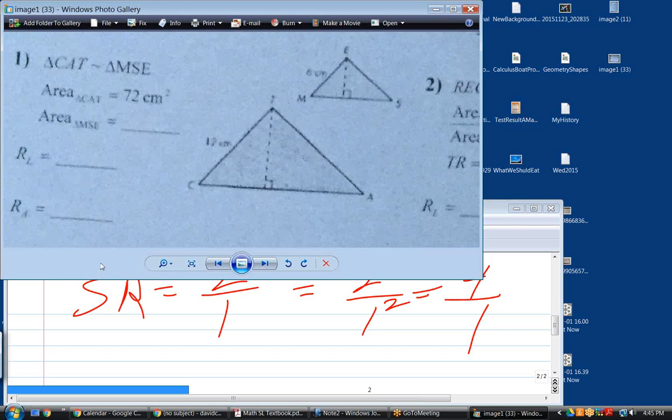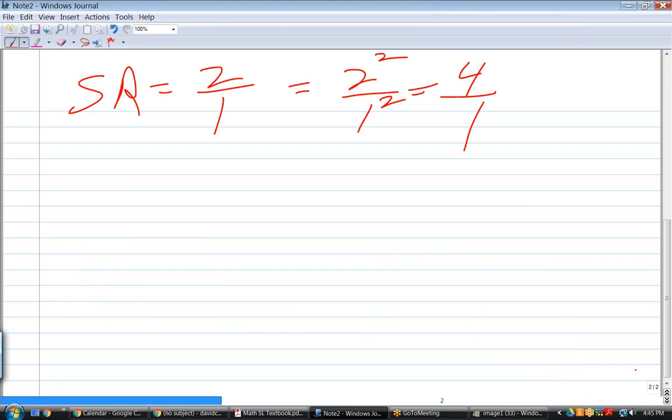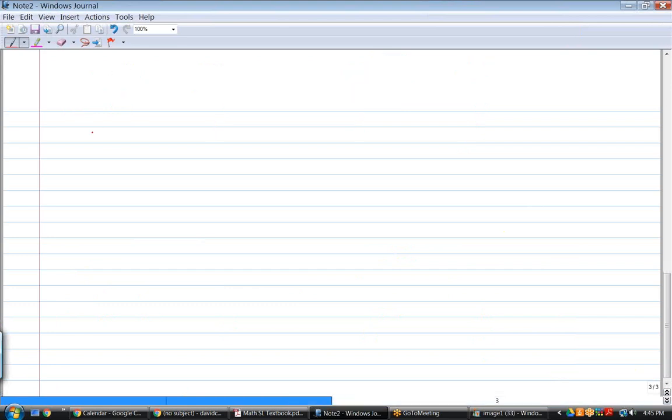Let's go over that a little bit, because this is an extremely important part of math. Let's take a square. It has a dimension of 2 by 2. And another square that has a dimension of 6 by 6.